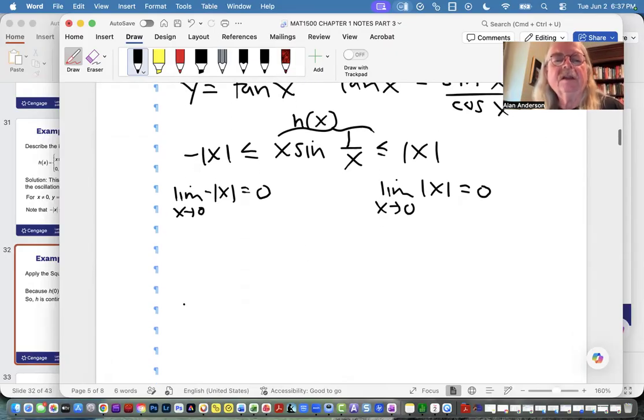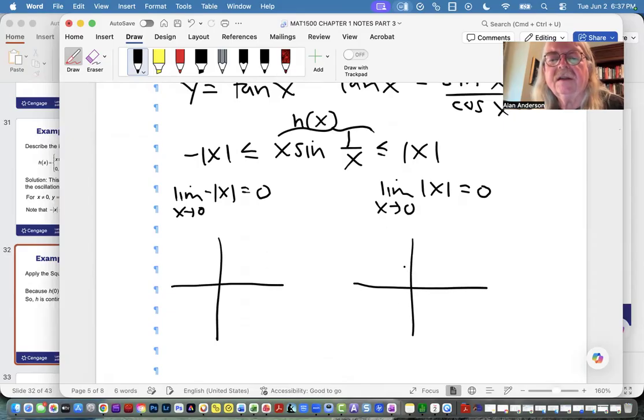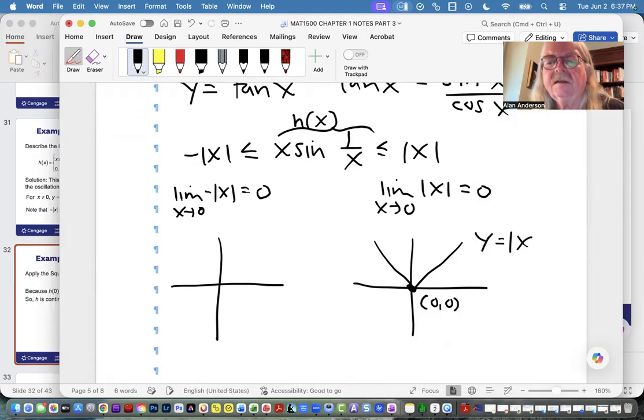And the reason why these limits are zero is because if you look at these graphs, you'll see that, all right, it's not perfect, but you can see the point of it is that it touches zero, zero. So the limit as x approaches this point from either direction would also be zero.